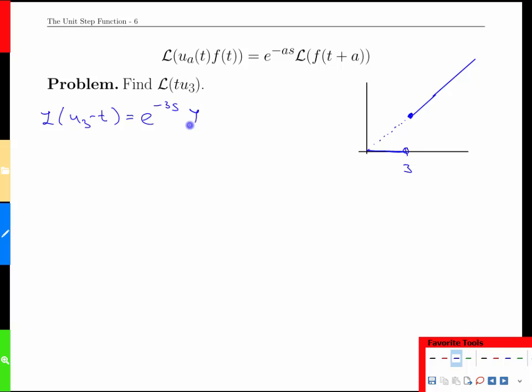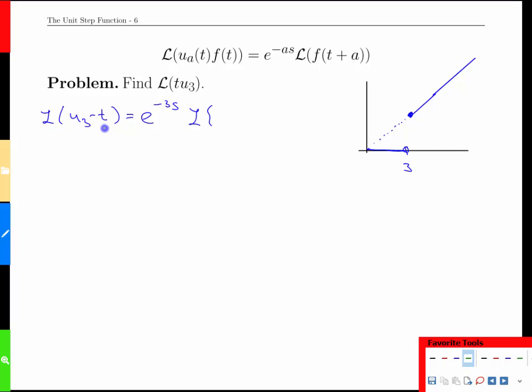And then you're going to follow up with a transform. And here, we're replacing the t's by t plus 3. So we'll have the transform of t plus 3 itself. And this, you'll notice, has no step function in it anymore. So the step function gives us two pieces. One is the exponential with the s, and the other is the shift.